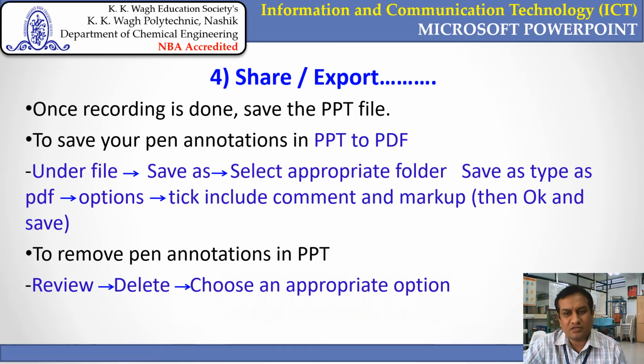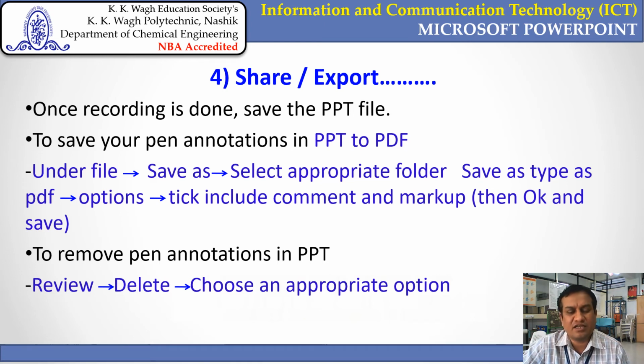So after that, you can save your PPT in the PDF format, because students normally prefer the PDF format, as the size of the PDF is very small as compared to the videos. So there is an option that you can go to the file. In that file, the save as option, and under the save as, you can save your file as a PDF.